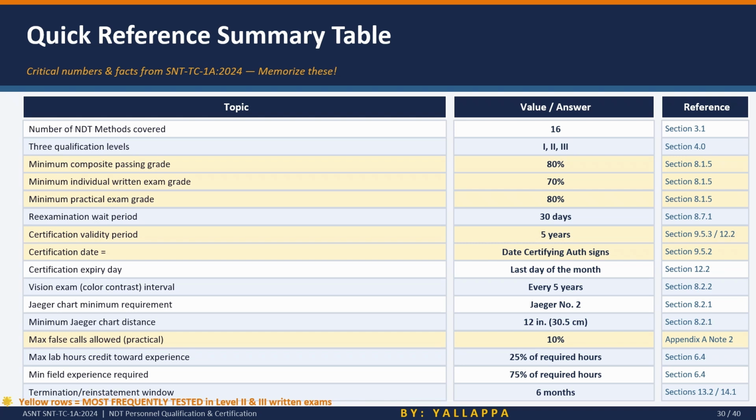Remember, 16 NDT methods, 80% composite score, 70% minimum written score, 80% practical score, 30-day re-examination wait, 5-year certification validity, Jaeger number 2, 12-inch distance, 10% maximum false calls, 25% maximum laboratory experience credit, and minimum 75% field experience. These values are extremely important for written exams and interviews.